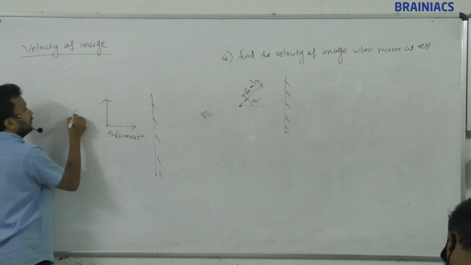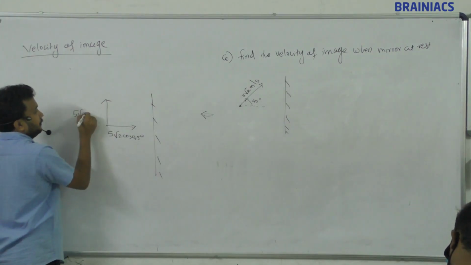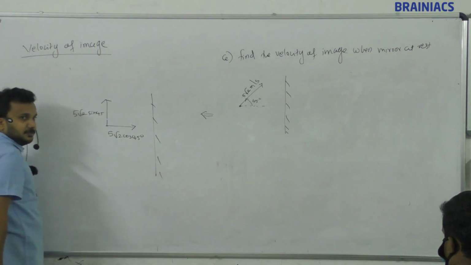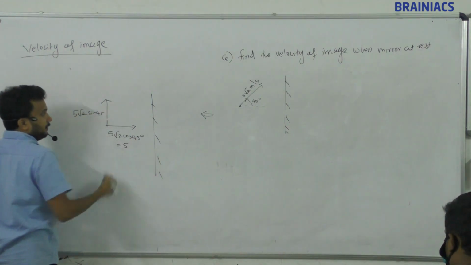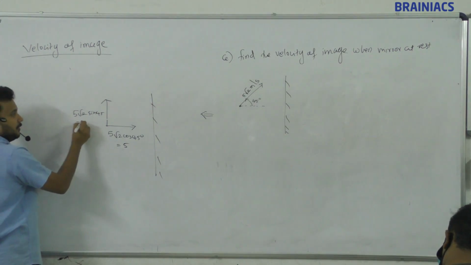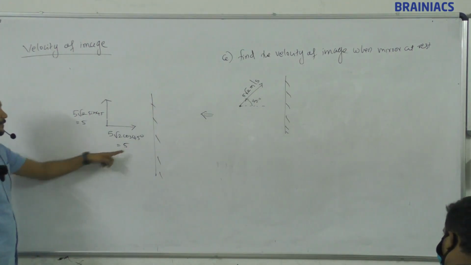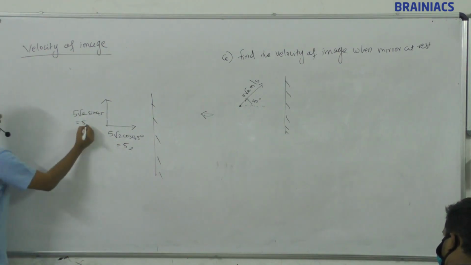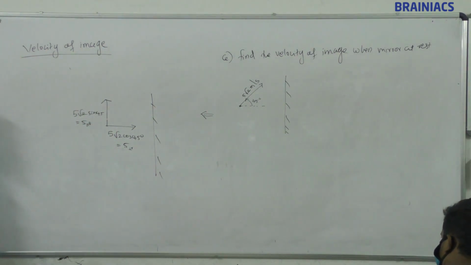What will this come? 5 root 2 sin 45. Cos 45 is 1 by root 2, so this becomes 5. Sin 45 is also 1 by root 2, so this becomes 5. This 5 is a perpendicular velocity. This 5 is a parallel velocity.